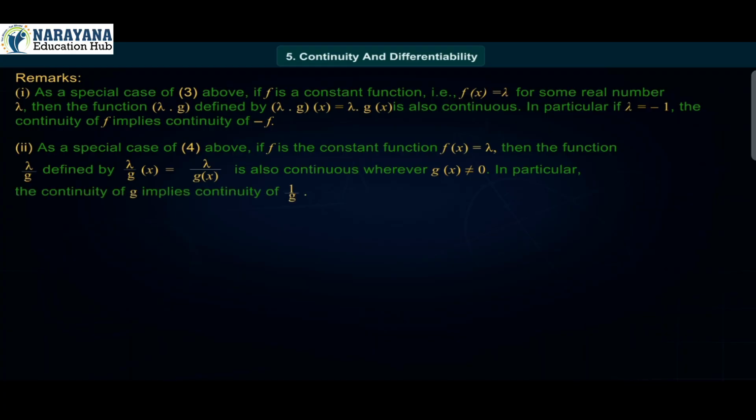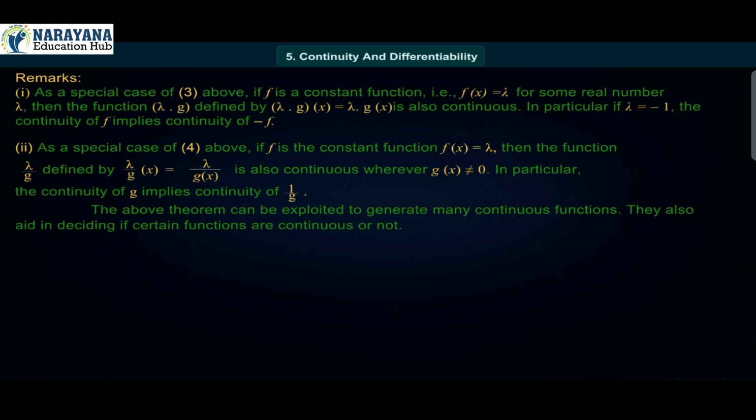In particular, the continuity of g implies continuity of 1/g. The above theorem can be exploited to generate many continuous functions. They also aid in deciding if certain functions are continuous or not.